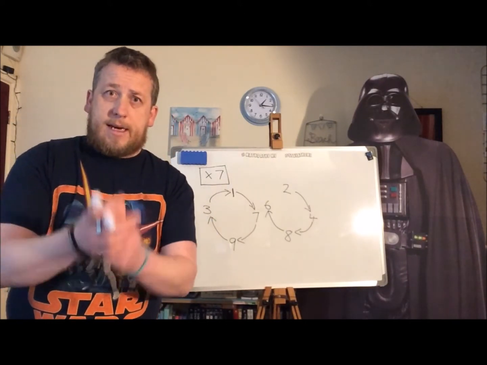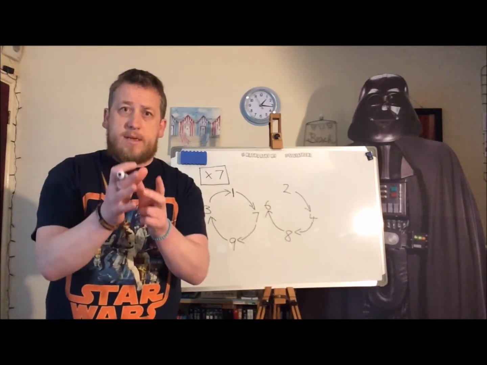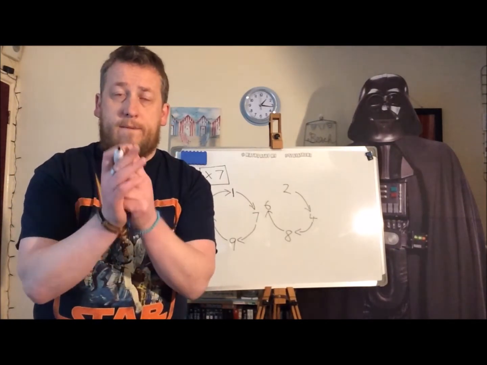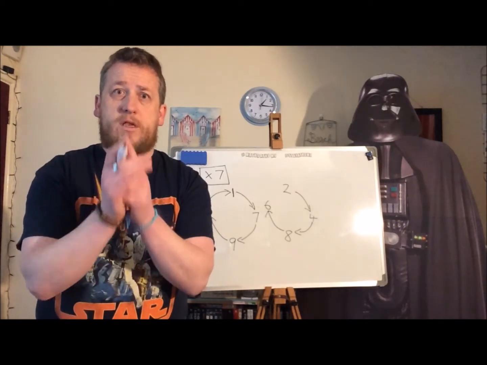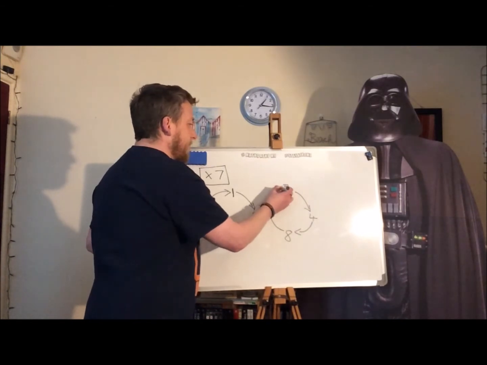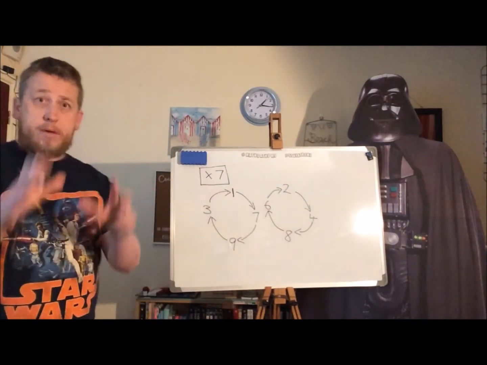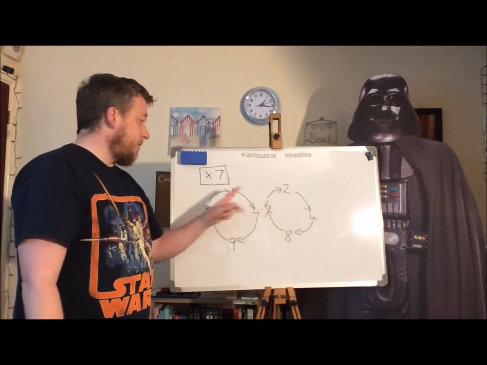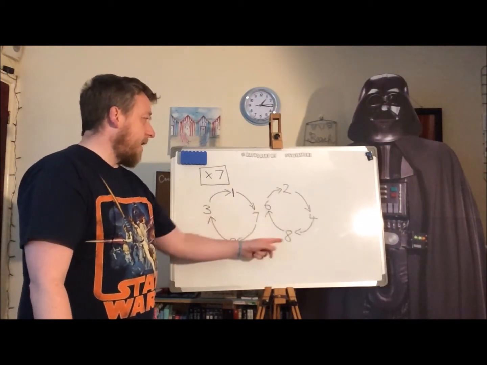Let's consider the number 6, multiplied by 7. 6 lots of 7 are 42. What does 42 end with? It ends with a 2. So yes, we've managed to close our loop. Let's have a quick recap. We've used 1, 2, 3, 4, 6, 7, 8, 9.